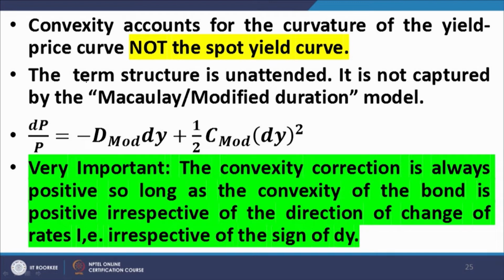Now, one very important point that we have here is the convexity correction is always positive. If you look at this equation, let me call it equation number 1 on this slide, this is dy squared.